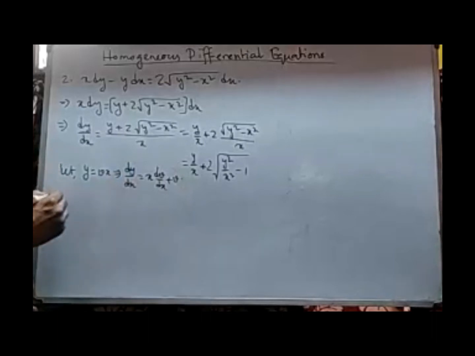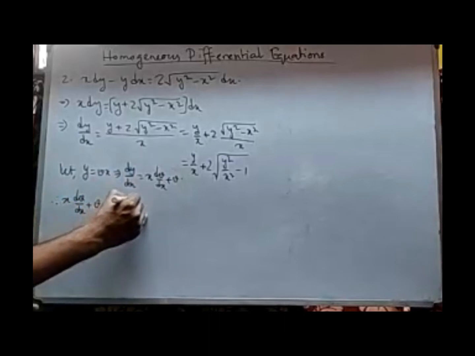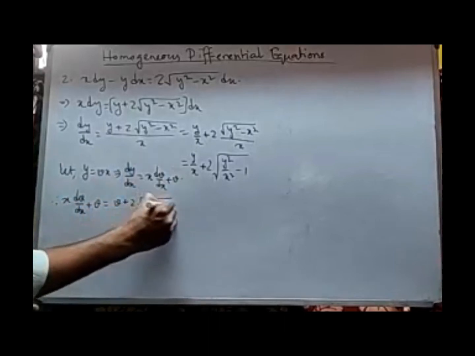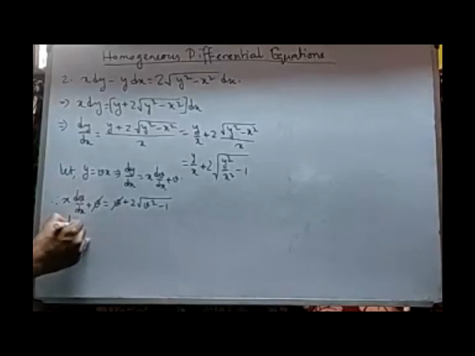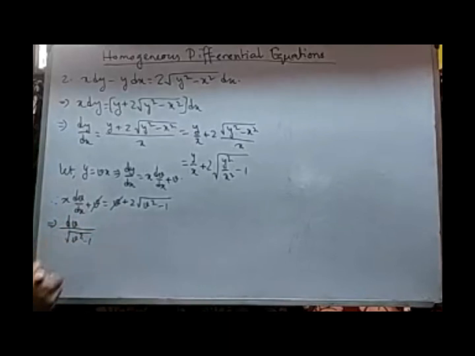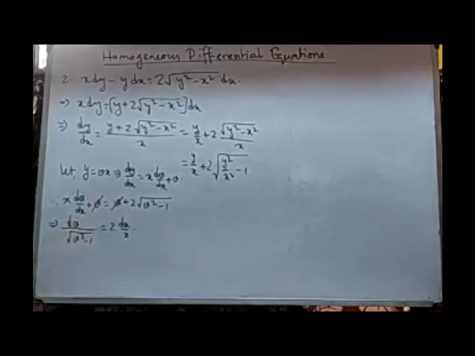dy by dx equals to x dv by dx plus v. Put it in the equation and you are getting x dv by dx plus v equals to v plus 2 square root of v square minus 1. And so this can be cancelled out. So now you see it's dv by square root of v square minus 1 is equals to 2 dx by x.